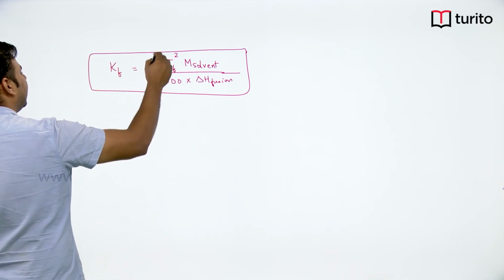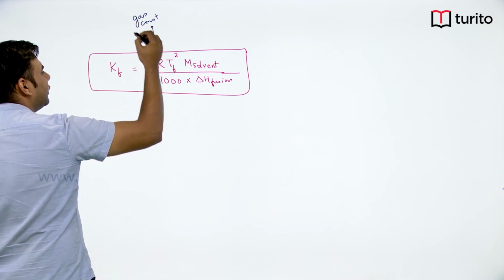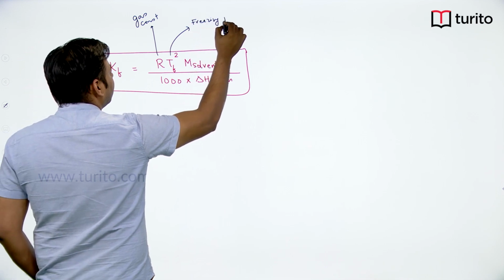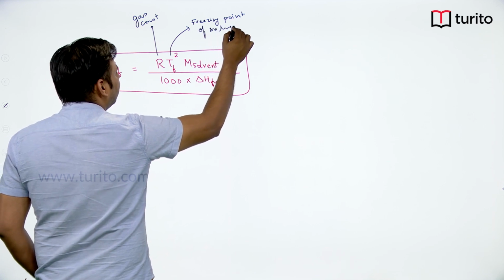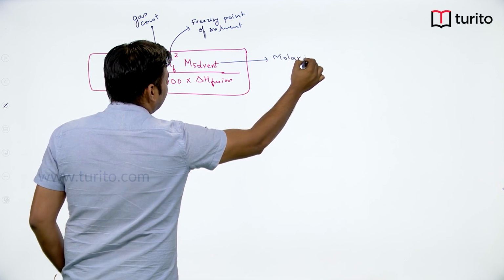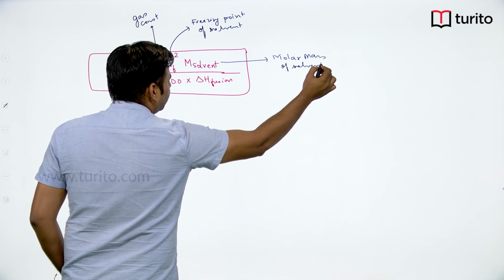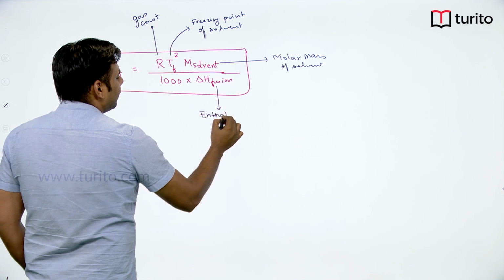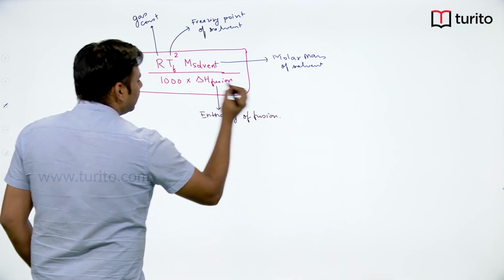It's on the similar line as that of Kb. Tf is your freezing point of solvent. Capital M, I have already told you, when we write solvent, it means the molar mass of the solvent. And delta H fusion is enthalpy of fusion. Hope this is clear to you.